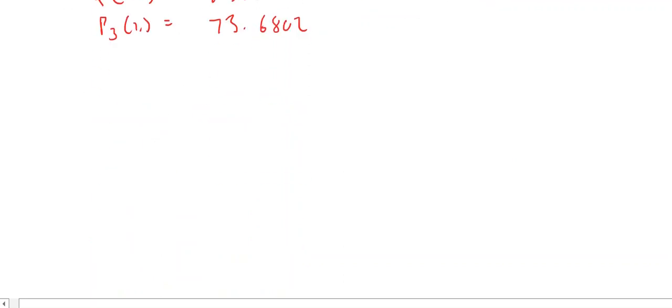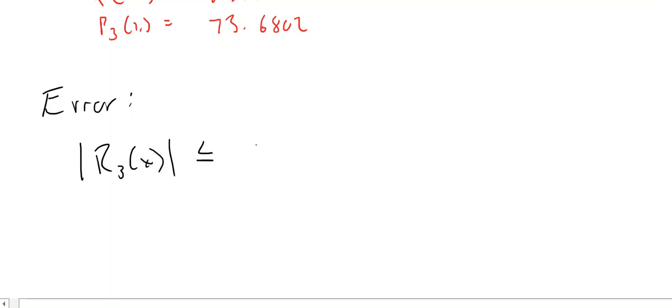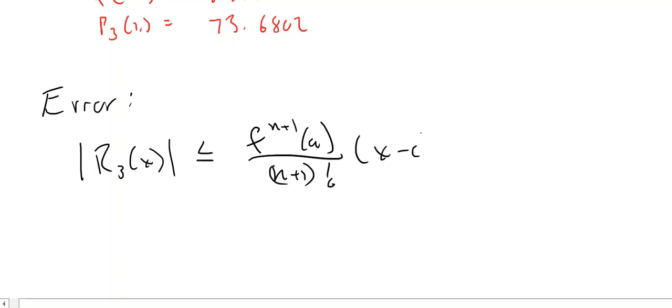Okay, and so the error, which is also referred to as the remainder, has the formula: the absolute value of r sub 3 of x is going to be less than or equal to f of n plus 1 of a over n plus 1 factorial times x minus c to the n plus 1.